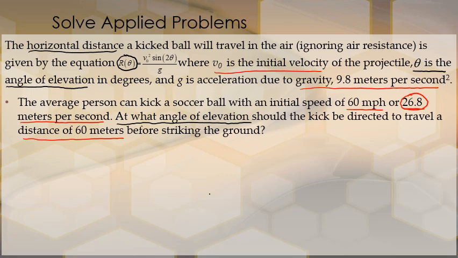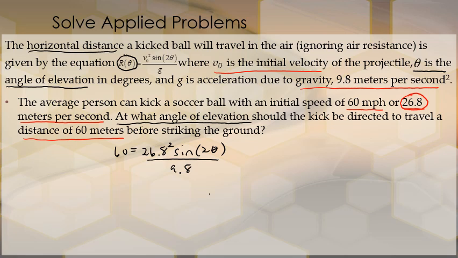So let me substitute in. I'm going to have 60 is equal to my v sub 0, which I'm going to use as 26.8 squared, times the sine of 2 theta all over my g value, which is 9.8. And if I can solve this equation for theta, then I think I will have my answer.